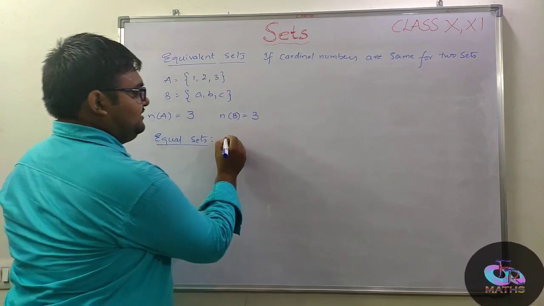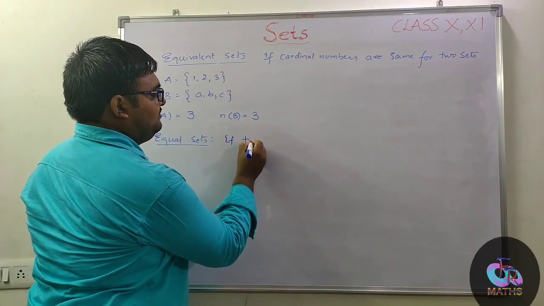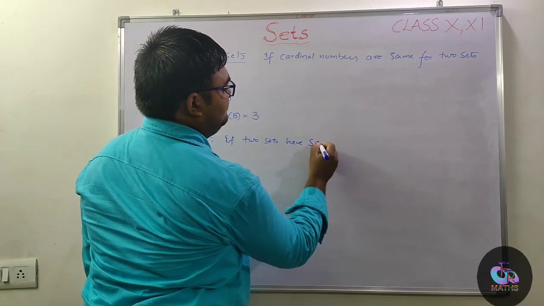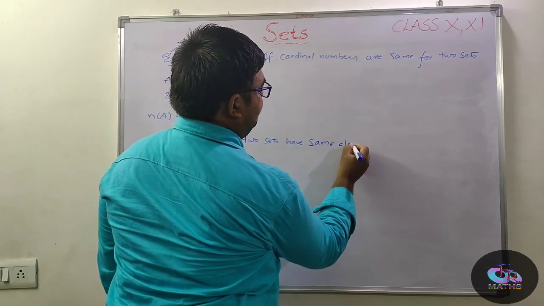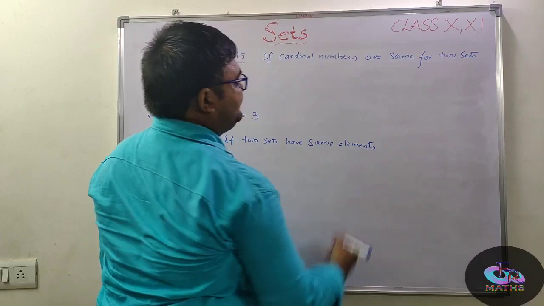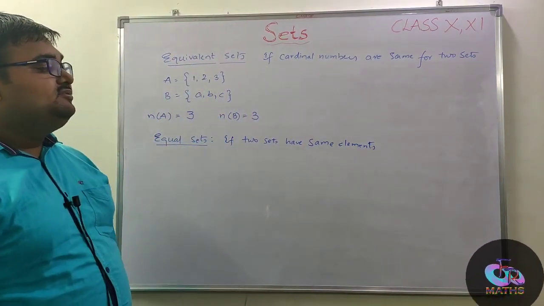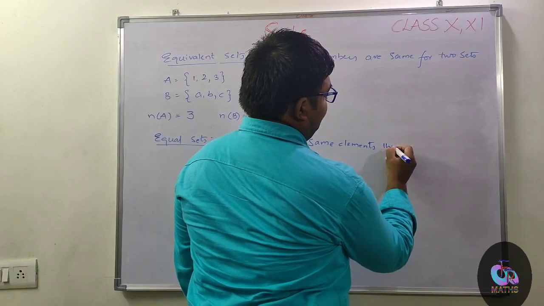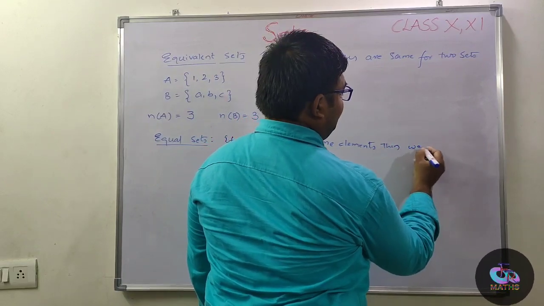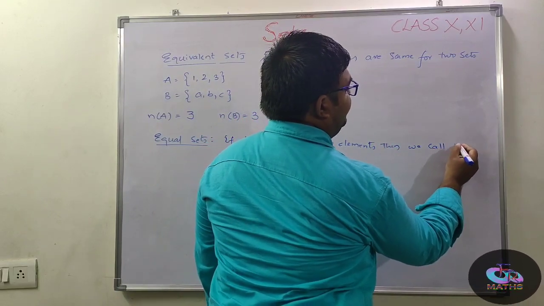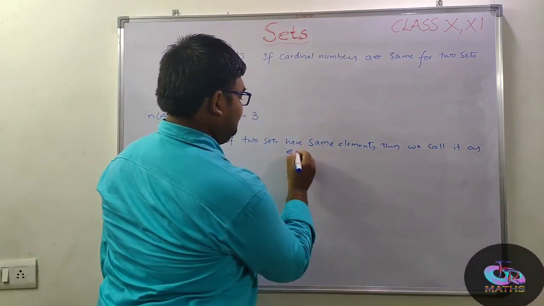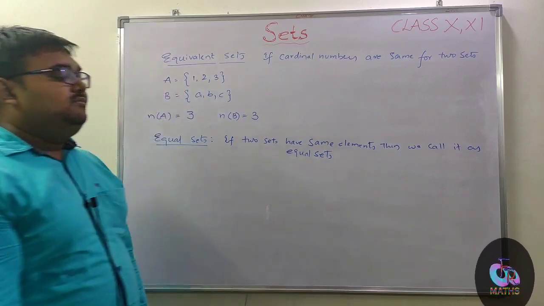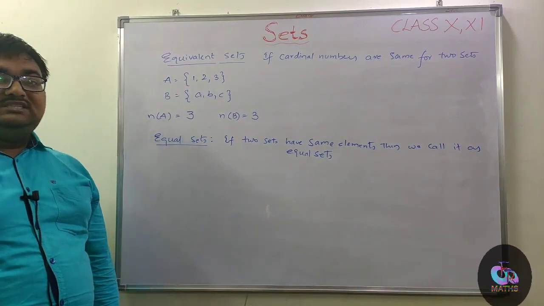That is, if two sets have the same elements, then we call them equal sets.